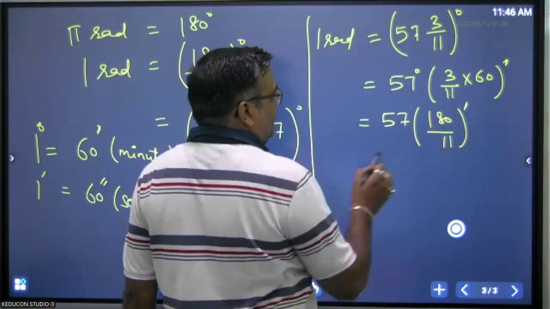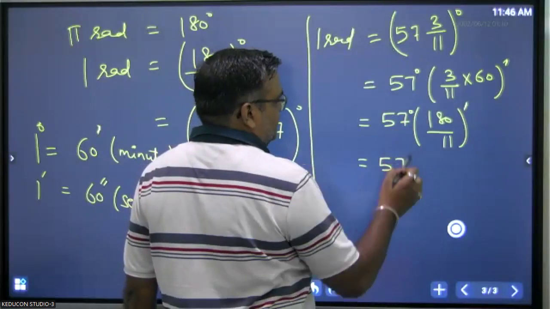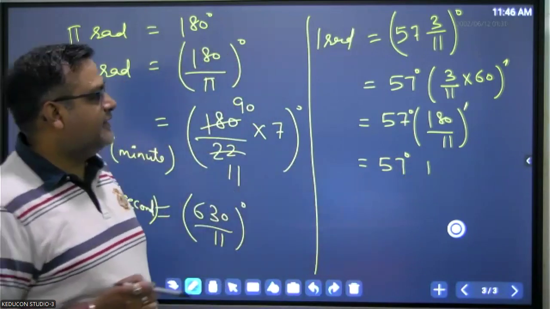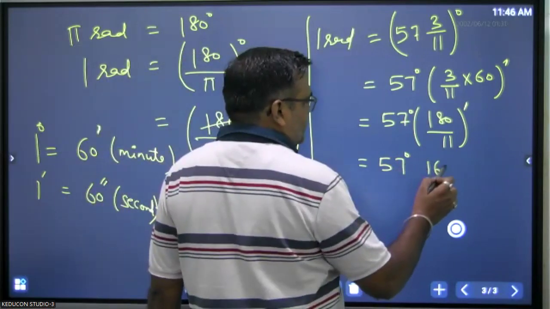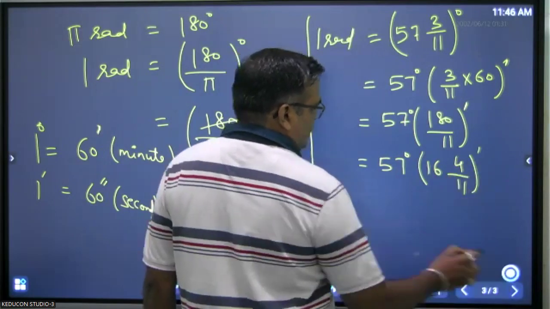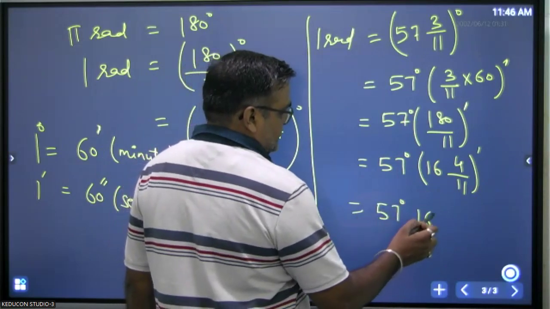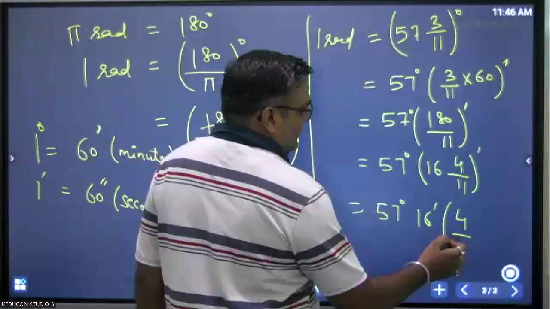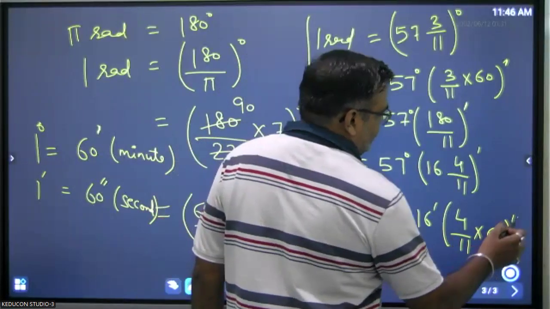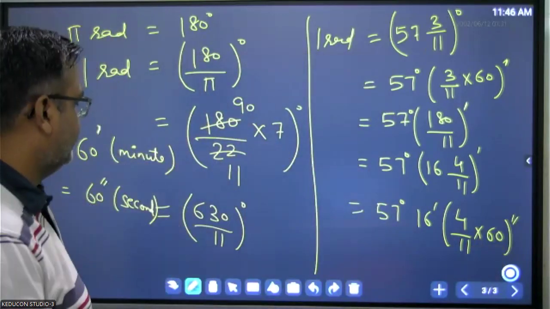Again dividing by the long division method, this comes out to be 16 minutes. Now again 57 degree, 16 minute, then 4 by 11 convert into seconds, right? So this comes out to be 240 by 11.